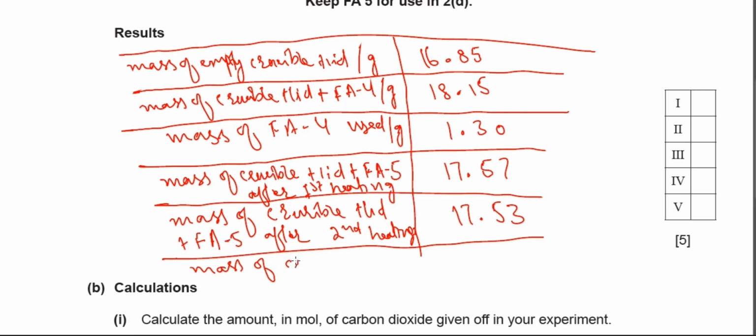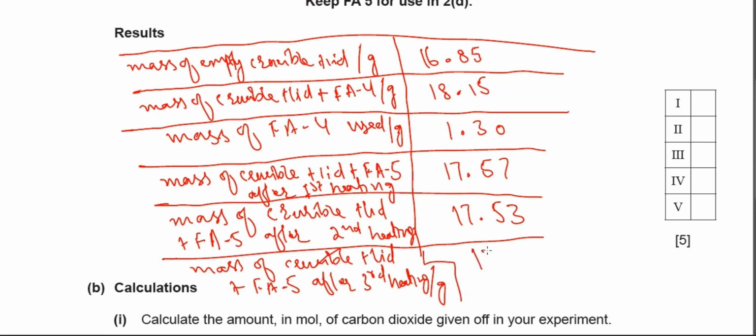So mass of crucible plus lid plus FA5 after third heating in grams. Now I'm going to write exactly the same mass. This shows that heating is complete.